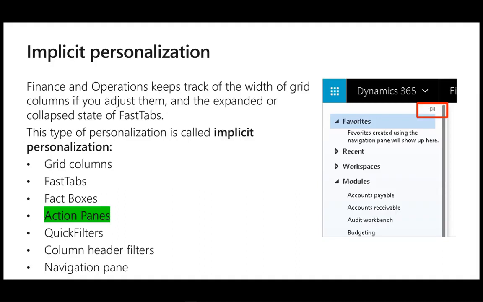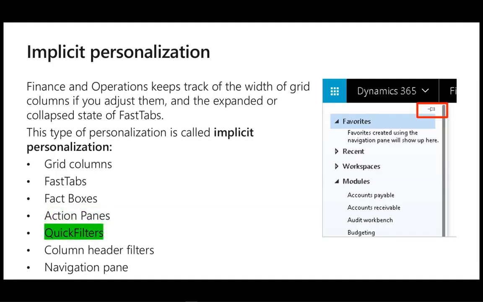Then the next time we open the page, Dynamics 365 for Finance and Operations will restore the pinned state of the action pane. If the action pane is pinned open, Dynamics 365 for Finance and Operations will also show the tab of the action we last used.